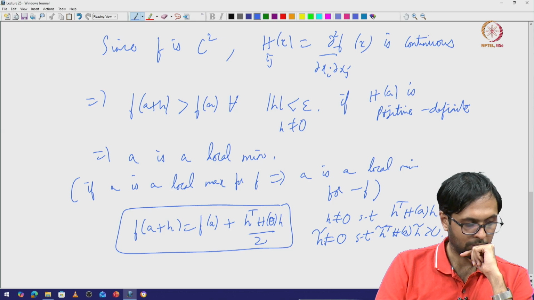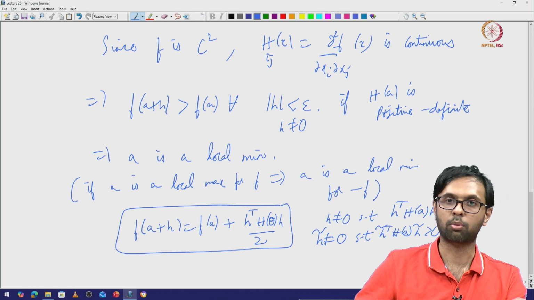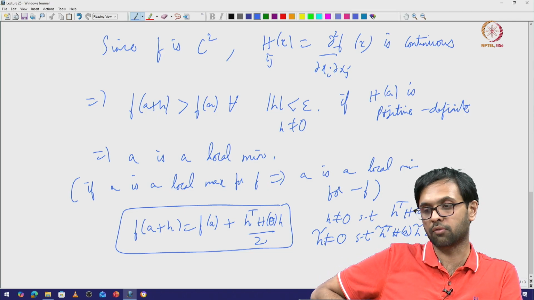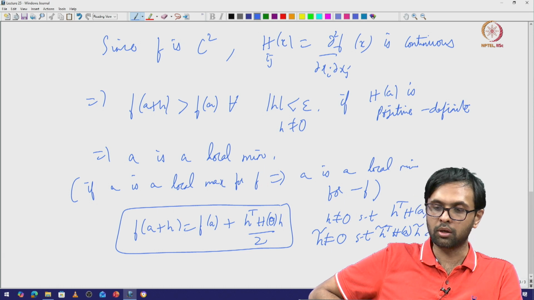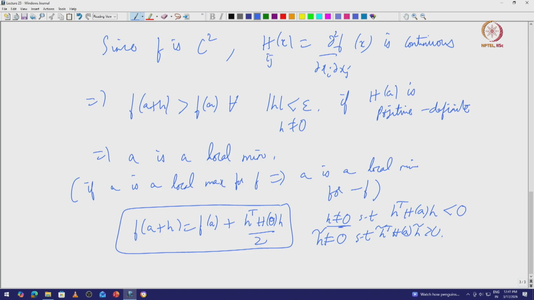Right. So how does this help or hurt anything? The point is, you have h of theta here, it's not h of a. Had this theta been equal to a, you could have concluded that if you took this particular vector h, then f of a plus h is less than f of a, and if you took this particular vector h tilde, then f of a plus h tilde was larger than f of a, right?